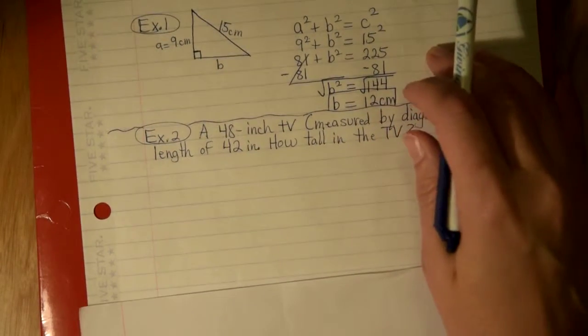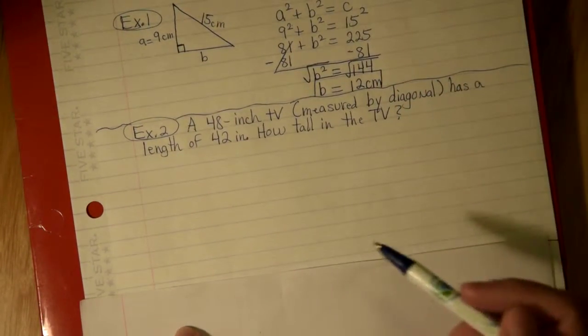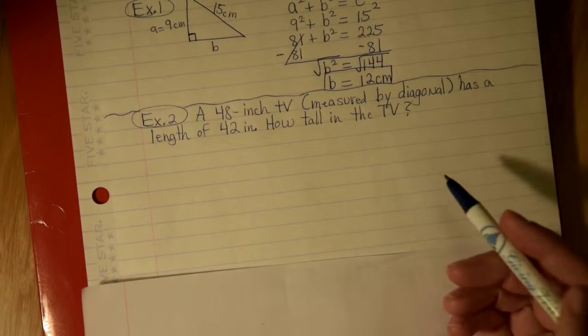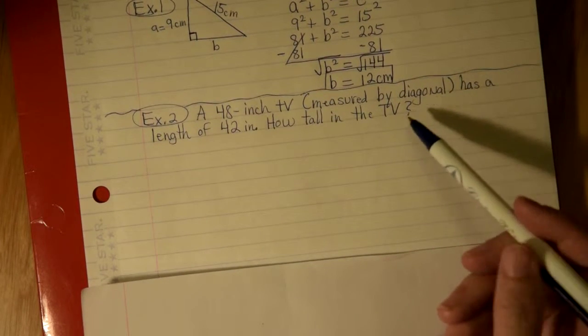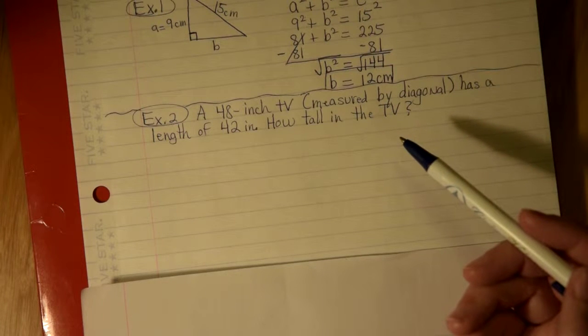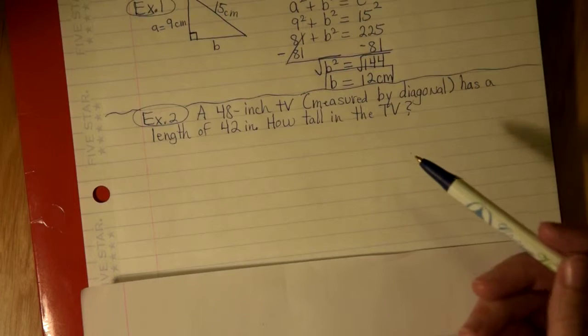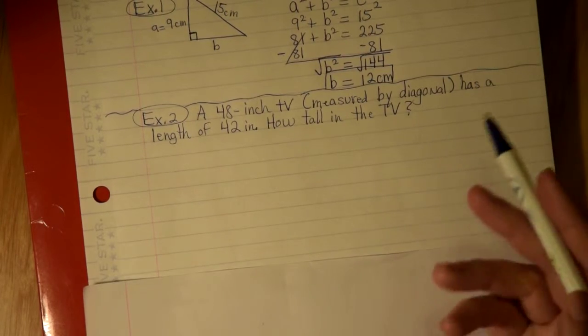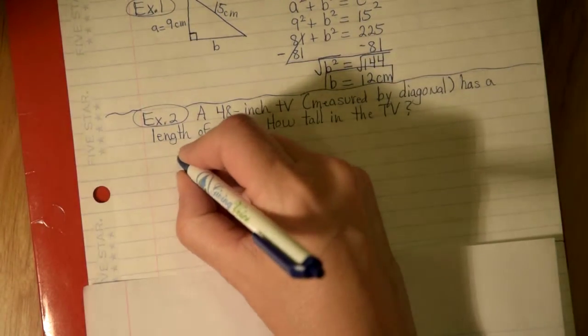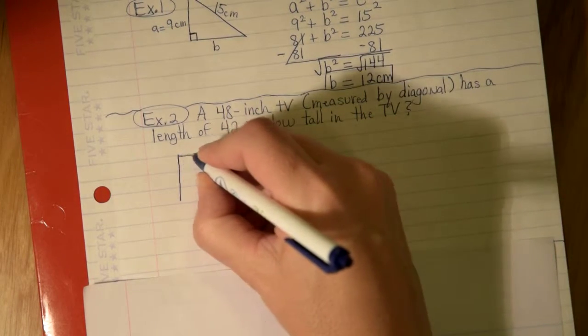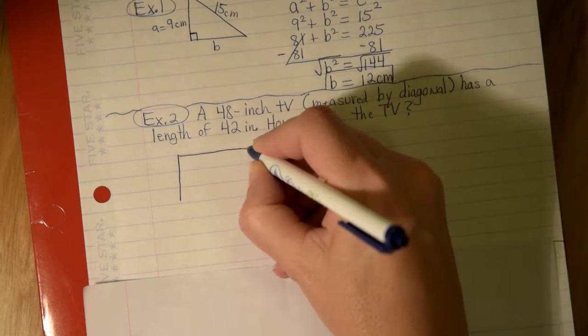Okay, example number 2 is a little word problem, and it says that a 48-inch TV, as measured by the diagonal, which is how you measure TV screens and computer screens, has a length of 42 inches. How tall is the TV? So I'm going to draw a picture.